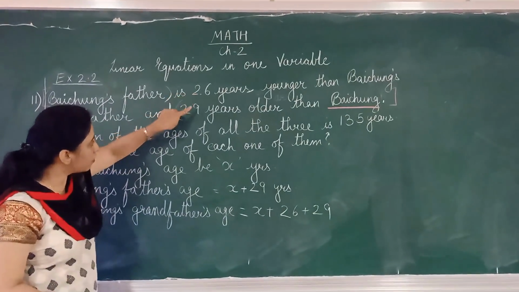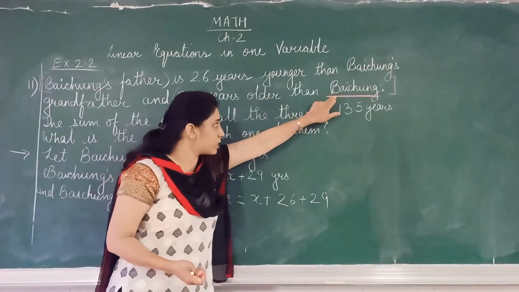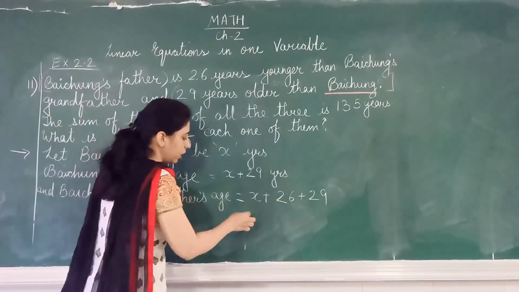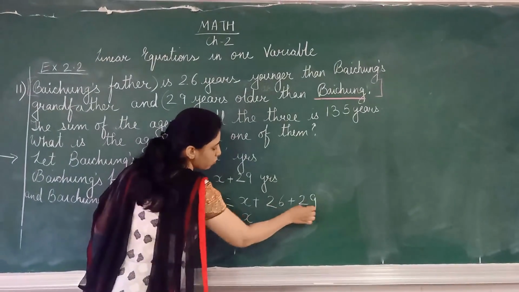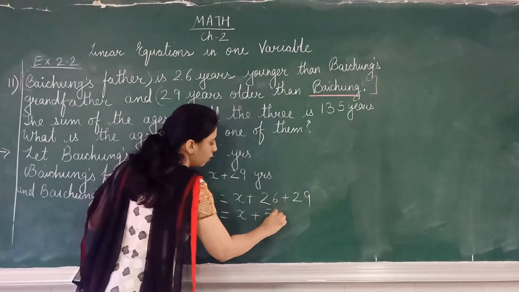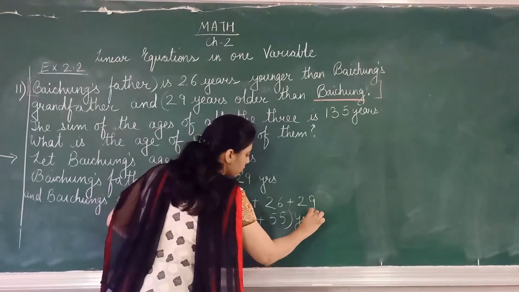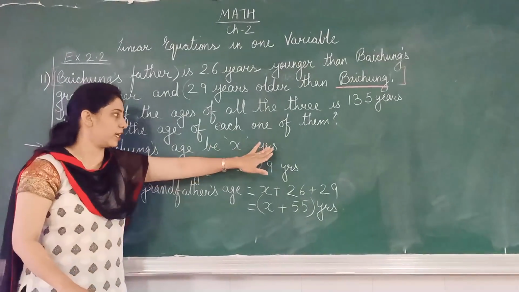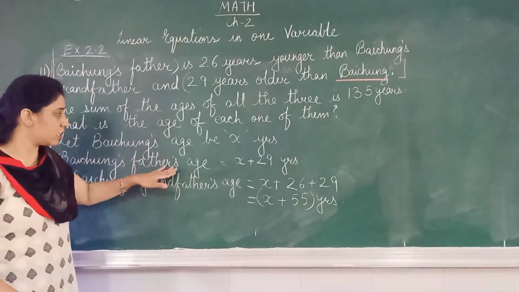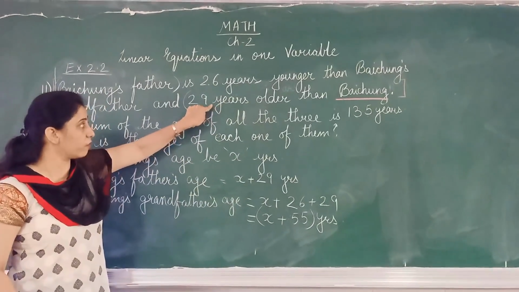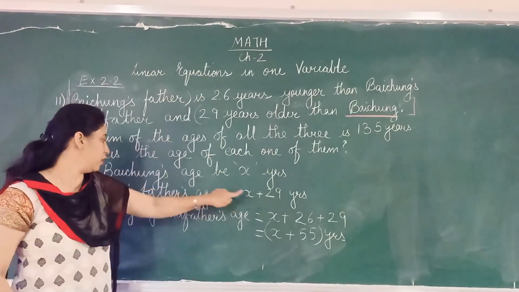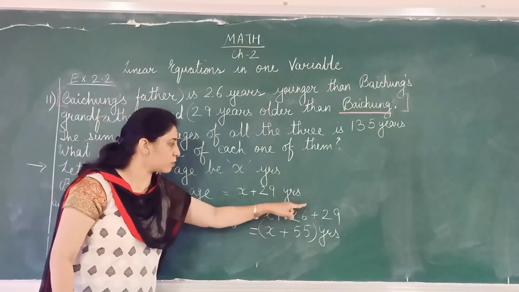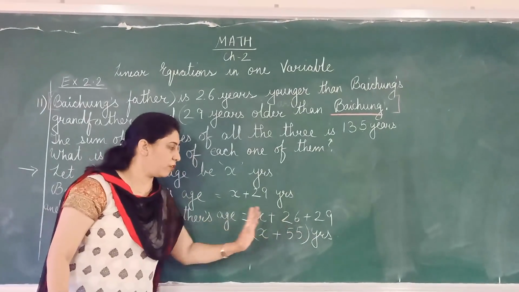So 26 plus 29 is 55, and you get x plus 55 years. Got it? We don't have Baichan's age, so Baichan's age is x years. Baichan's father is x plus 29, and Baichan's grandfather is x plus 26 plus 29, so x plus 55 years.